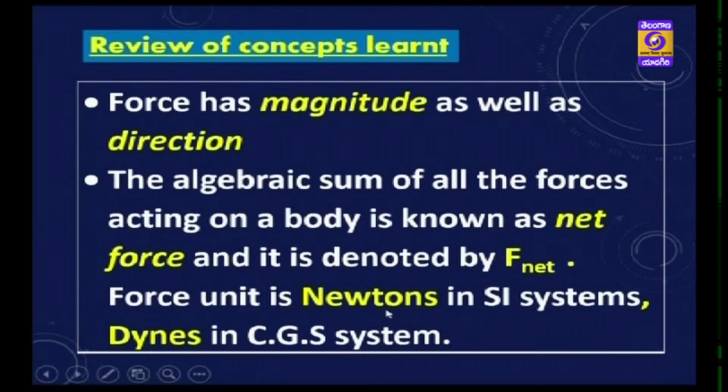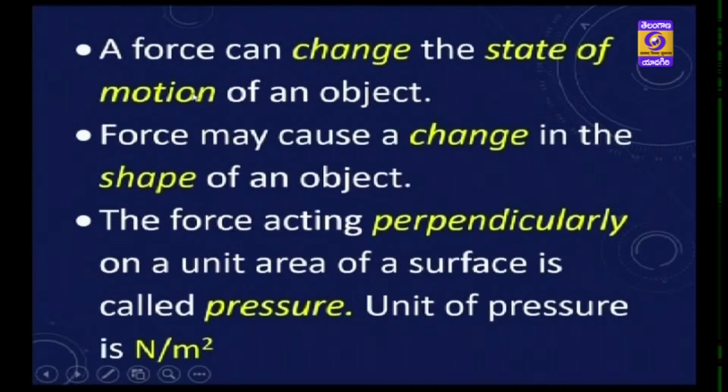Force unit is newtons in the SI system, dynes in the CGS system. A force can change the state of motion of an object. Force may cause a change in the shape of an object also. The force acting perpendicularly on a unit area of surface is called pressure. The unit of pressure is Newton per meter square.